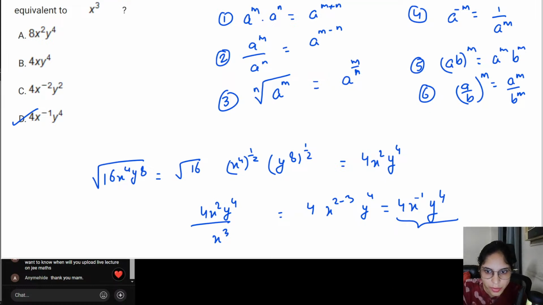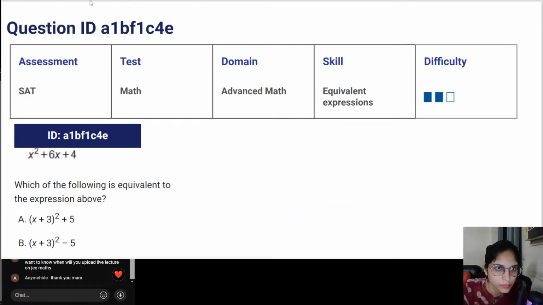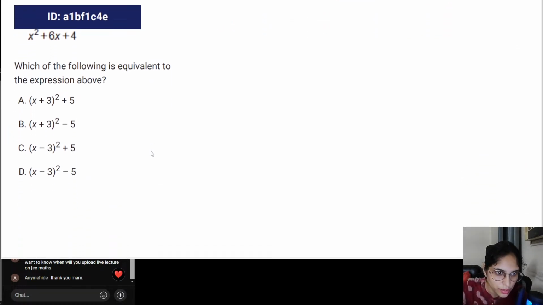This was question number 26. The next question is question number 28. So here we have used this one, and then we have used this one. X squared plus 6x plus 4. This is completing the square.